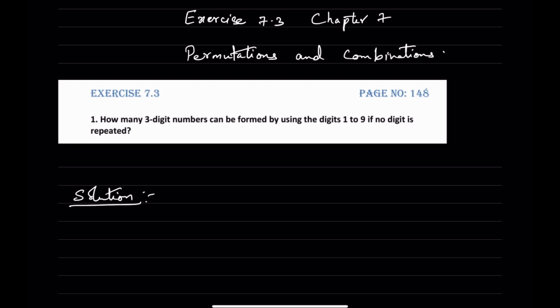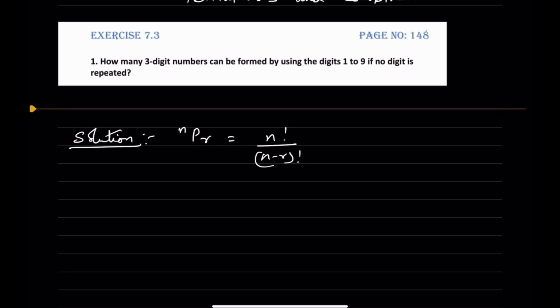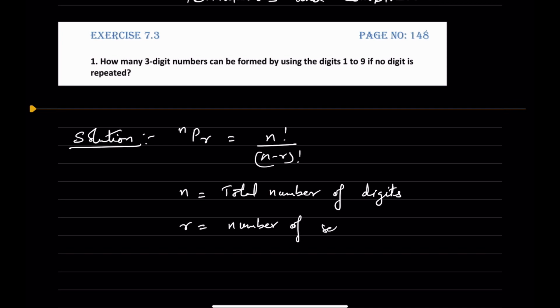We use the formula nPr is equal to n factorial by (n minus r) factorial, where n is equal to the total number of digits and r is equal to the number of selected digits, or the number we have to form.